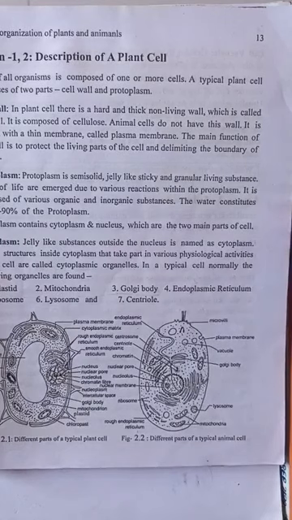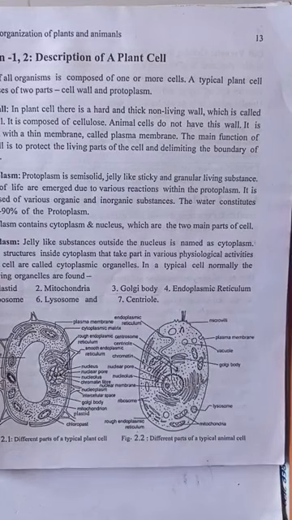Cytoplasm, jelly-like substance outside the nucleus, is known as cytoplasm. Living structure inside cytoplasm that take part in various physiological activities of the cell are called cytoplasmic organelles. Organelles, they are plastid, mitochondria, Golgi body, endoplasmic reticulum, ribosome, lysosome, and centriole.